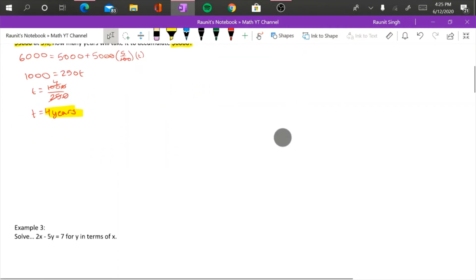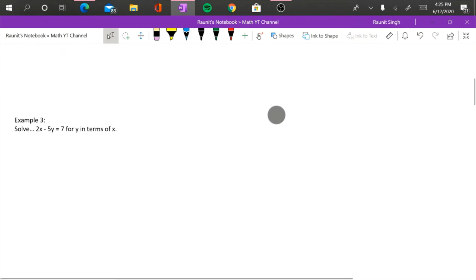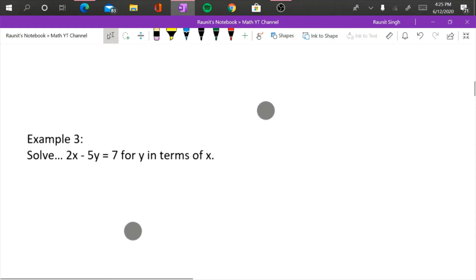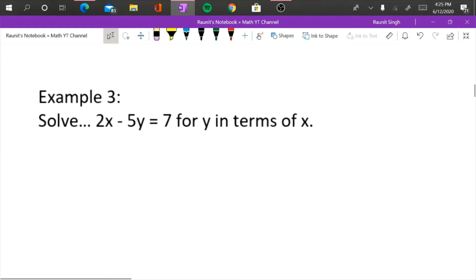Okay, so our next example now. So, solve 2x minus 5y equals 7 for y in terms of x. So, when you're solving in terms of x, so it says solve for y. So, basically what you're going to do is have y equals some stuff, okay?